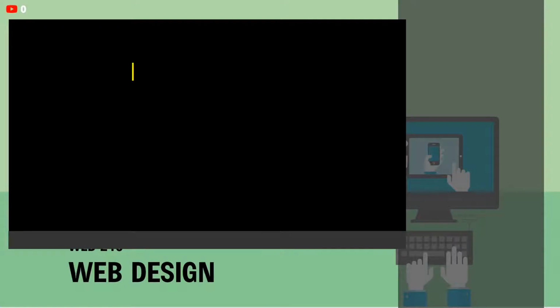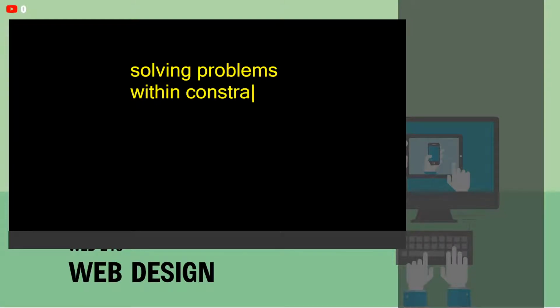Design is solving problems within constraints. Right, so what we see here is twofold. The first thing we're talking about is solving problems.